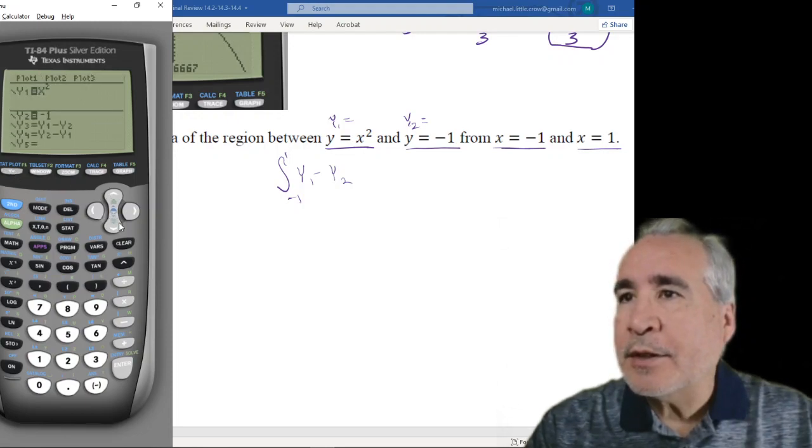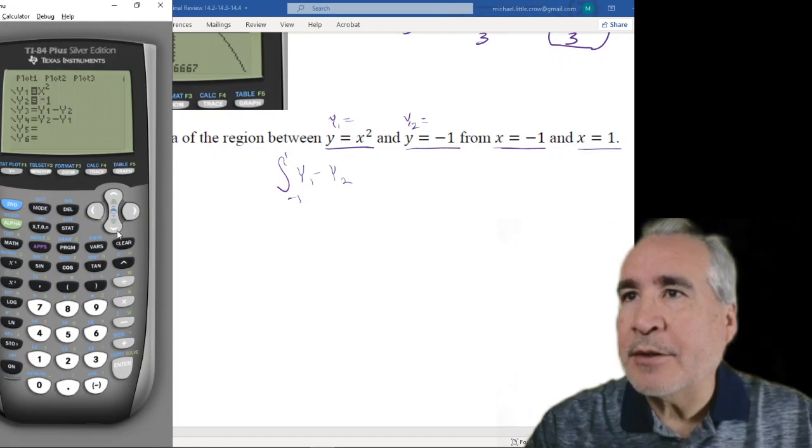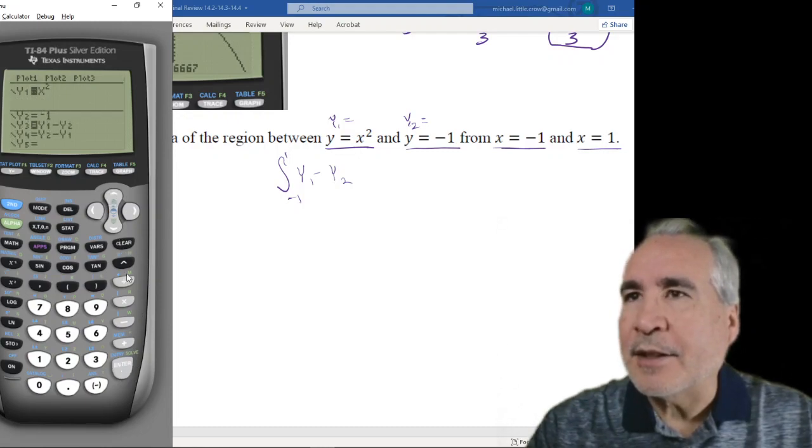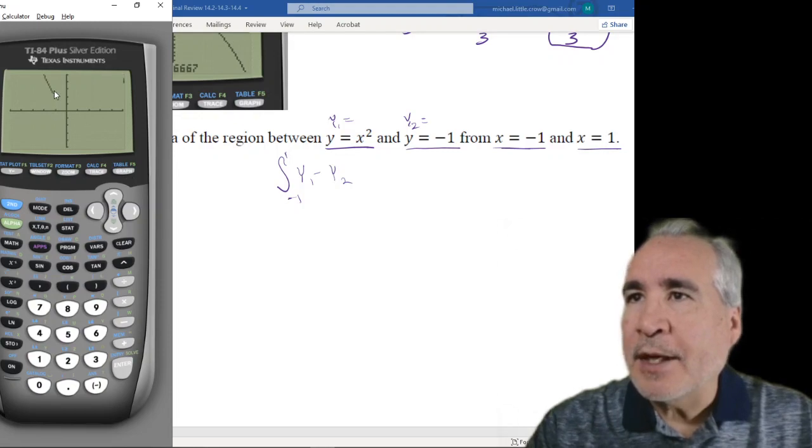We want y1 on top, y2 on the bottom. And here's where the benefit is. We just have to turn on this one. You could leave these other ones on, but it gets messy. And if you had a color graphing calculator, it wouldn't be so bad. So notice I've turned these off. Y3 is on, y1 minus y2. So when I go to graph it, I'm going to see area above the curve.